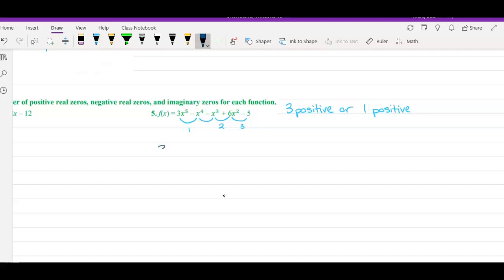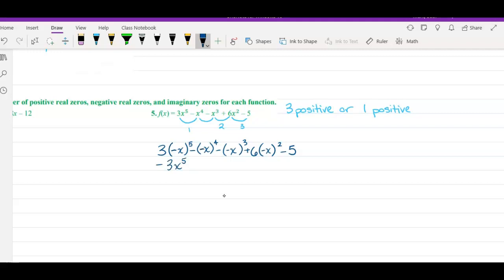Next, I'm going to rewrite this, but everywhere I see an x, I'm going to take it out and put parentheses, and then go back and put a negative x in each of these parentheses. A negative raised to an odd power stays negative, so I have negative 3x to the 5th.